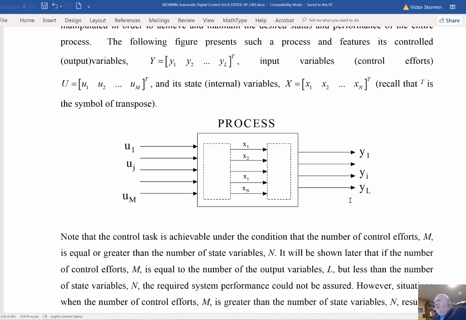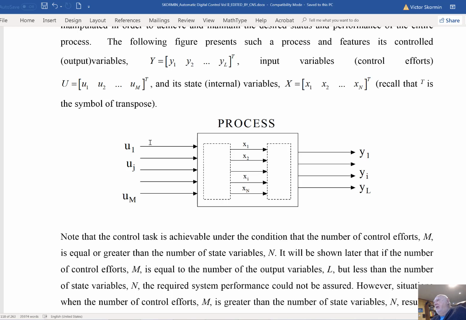We should be able to achieve the control goal, or achieve the required position, required acceleration, required temperature, and so on and so forth, by many different combinations of the control efforts. And then there is a very interesting issue: how to choose a combination of control efforts that would enable us to minimize the cost of control.